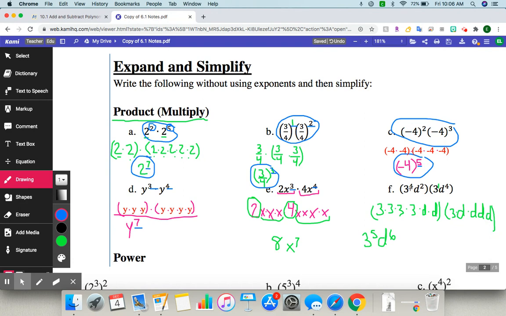And then for our base of 3, we had 4 plus 1 gives us an exponent of 5, and 2 plus 4 gives us an exponent of 6. So again, when we're multiplying like bases, the exponents are added together because that's telling you the total number of factors of the base that you have.